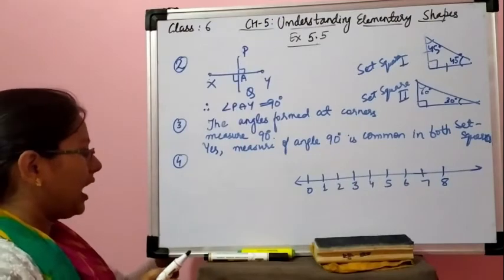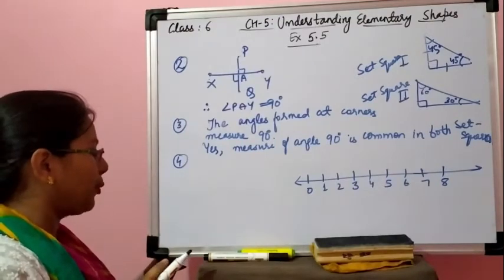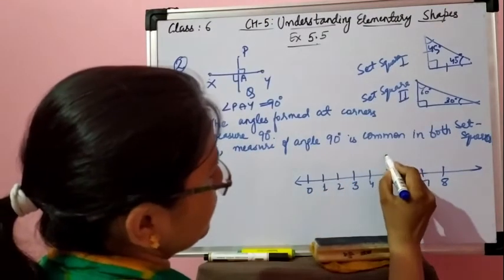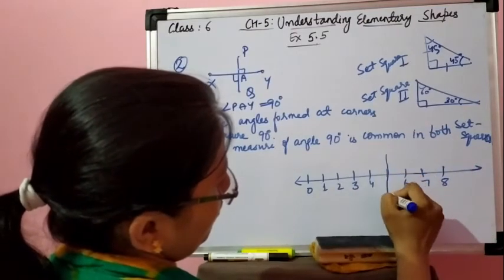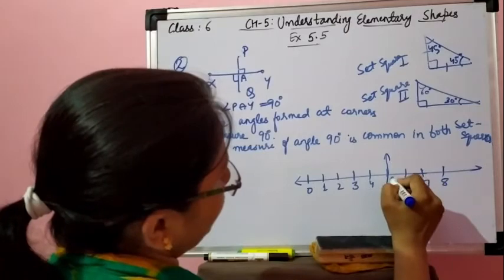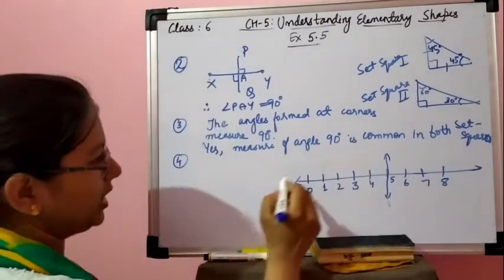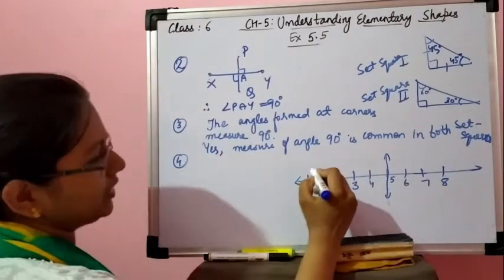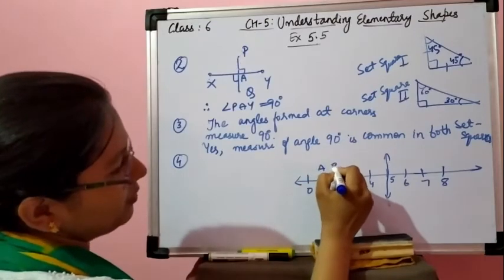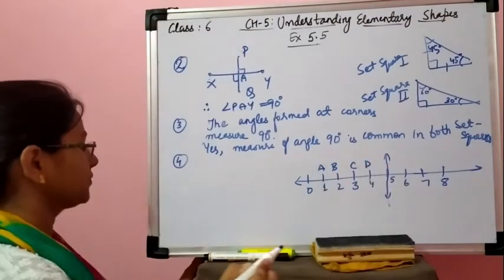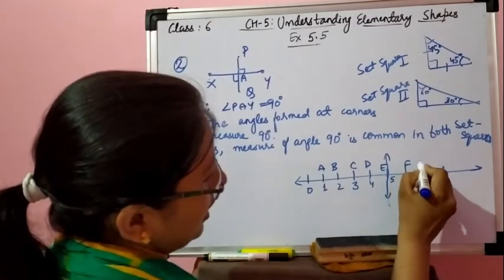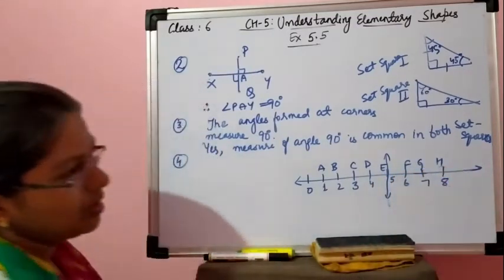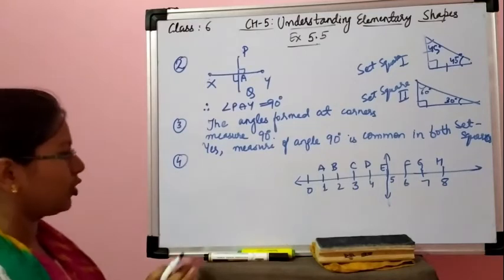This is made, and at point 5 one perpendicular is made, and from point 1 the naming is given A, B, C, D, E, F, G, H. So this is the diagram which is made in your textbook also.